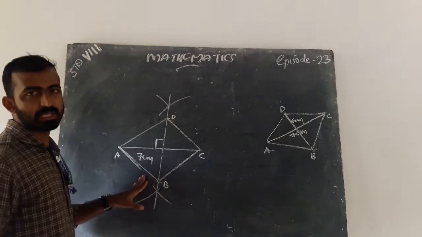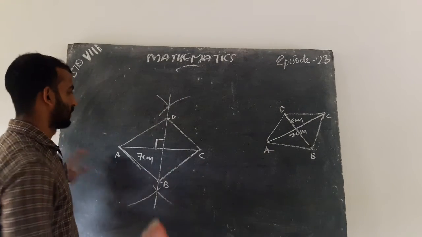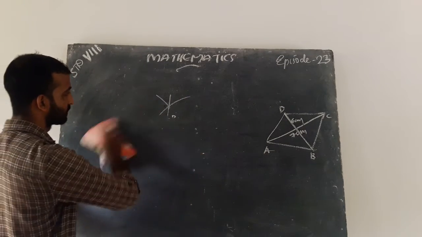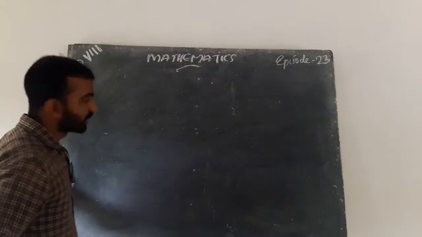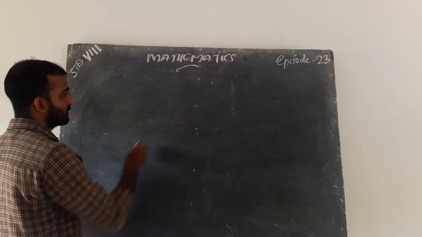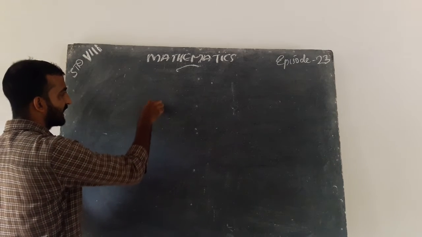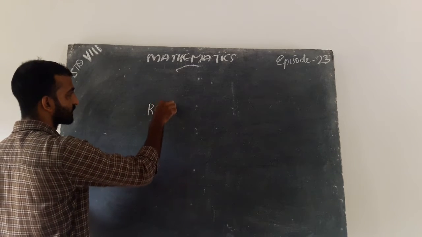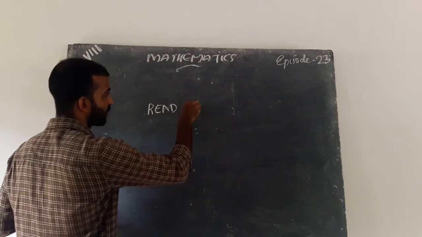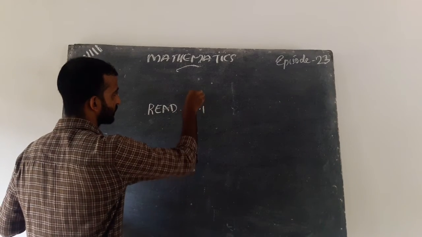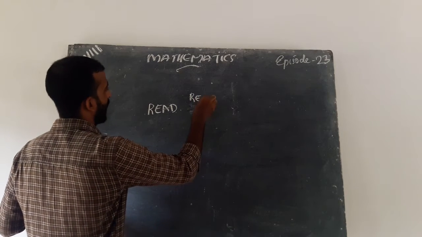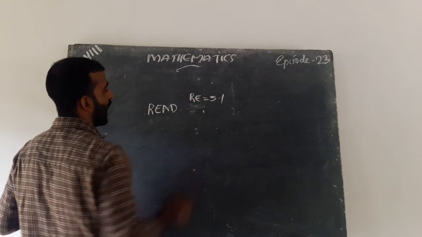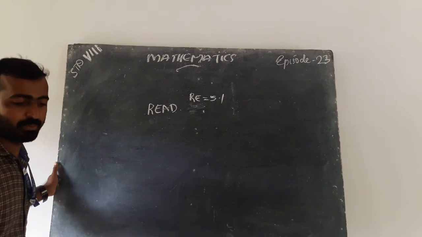Is it clear? Any doubt? Okay. We want to draw the square with R equal to 5.1 centimeter.